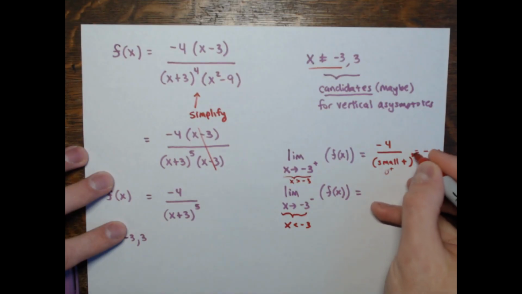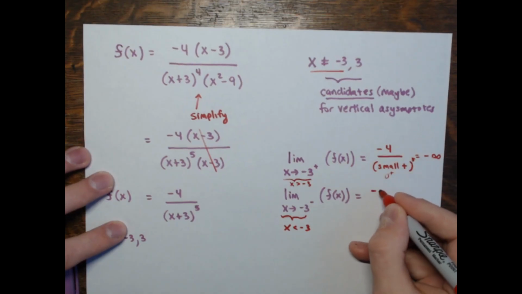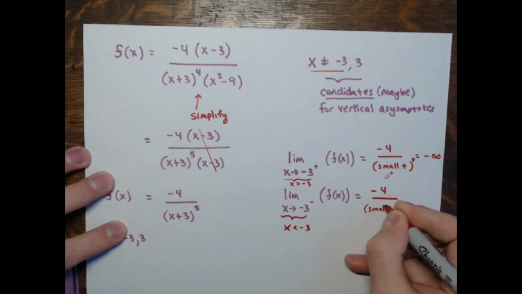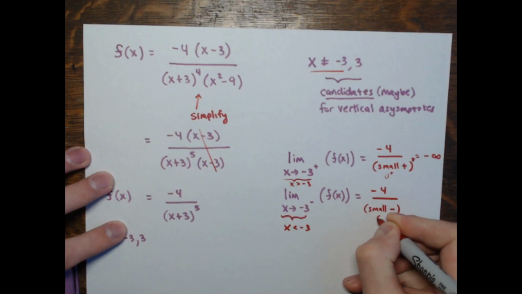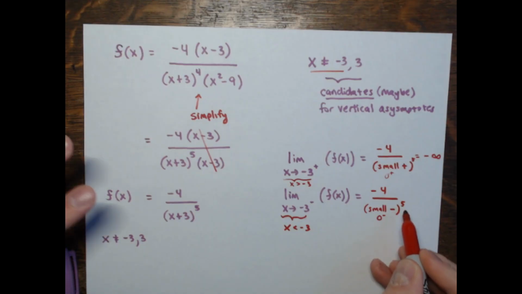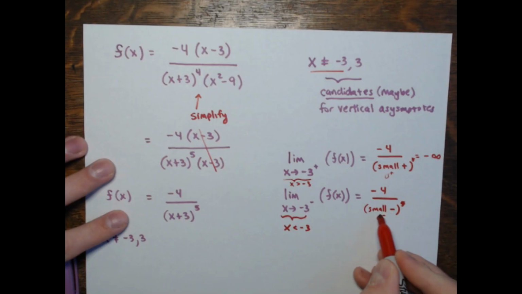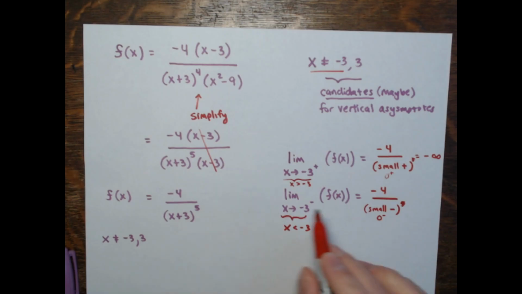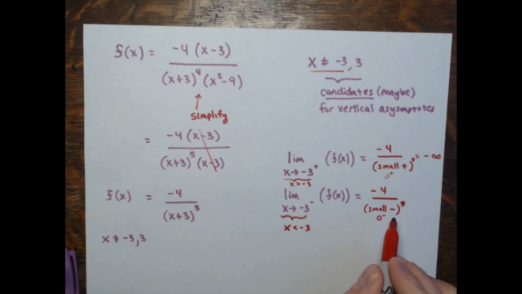So I'd have negative 4 in the numerator, and then some small negative number, small minus or 0 minus, to the fifth power would still be small and negative, right? If it's an odd power, negative to an odd. So a small negative number raised to an odd power would still be small and negative.